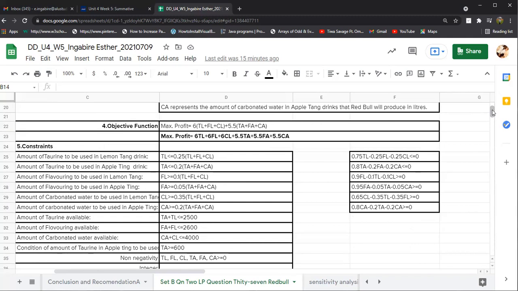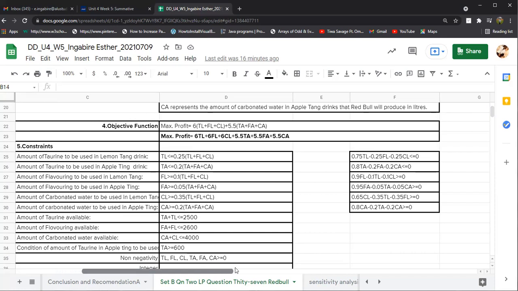Going down to the constraints, I generated them from what was told in the prompt about the amount of each drink and their variable amounts. For lemon tang, they say it has no more than 25% of taurine, which is 0.25 of each lemon tang. For the flavoring, they said 10%, which is 0.1, and carbonated water is 35%, which is 0.35.